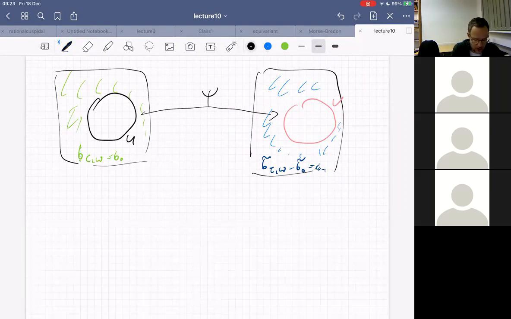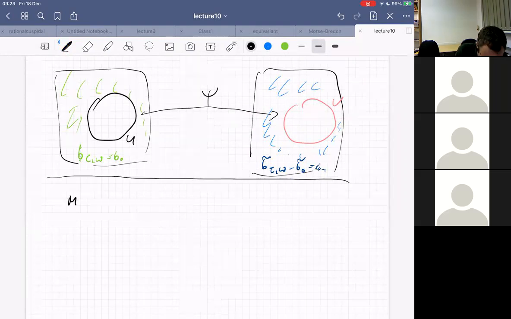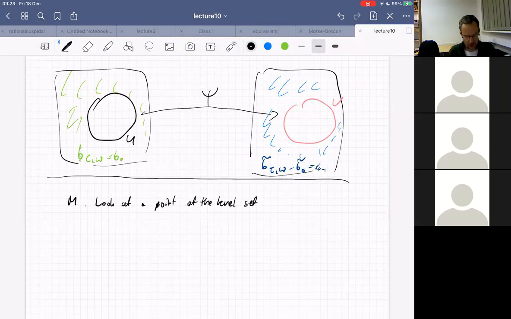So now we come back to our manifold M. Look at a point on the level set. Choose any point z on the level set, let's say m2 plus 3 over 4.